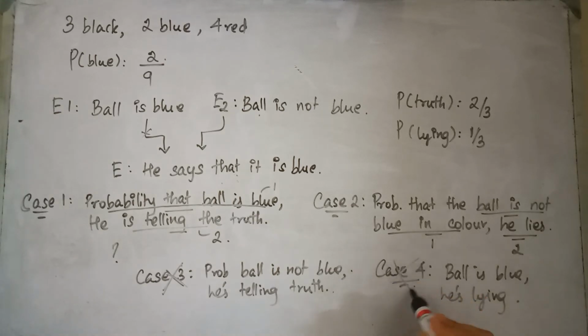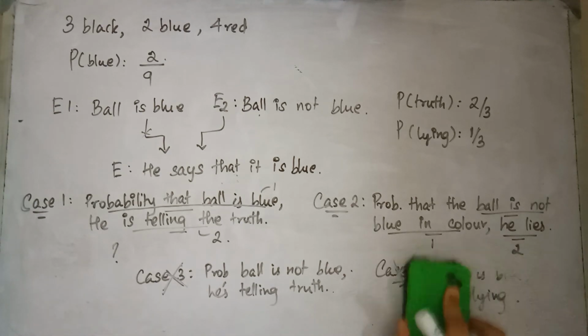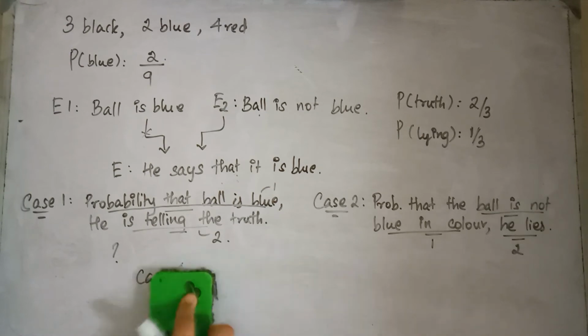So this is also not even in the sample space. So these two cases can be forgotten. So we only have this case and this case. These two cases are not actually there. Okay. Now we'll have to find the probability of these two cases. I'll erase off these two cases.